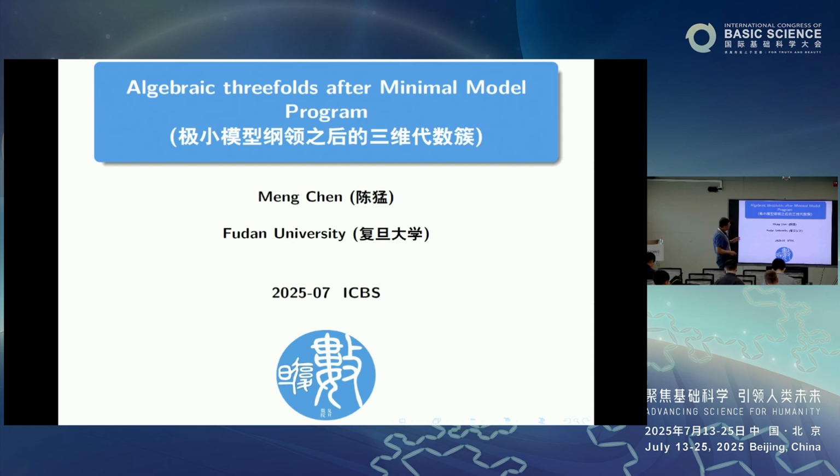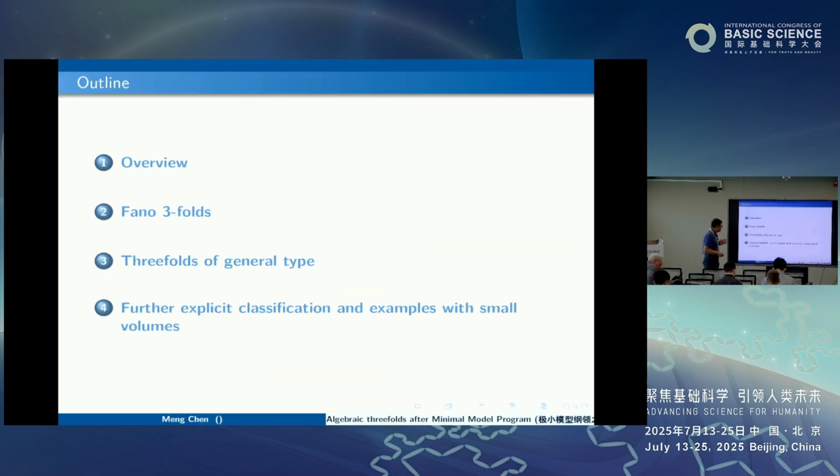Because not everyone works on birational geometry, this talk is elementary, and I just review some results and methods which are related to my own interest, not meant to be a complete overview of this area.